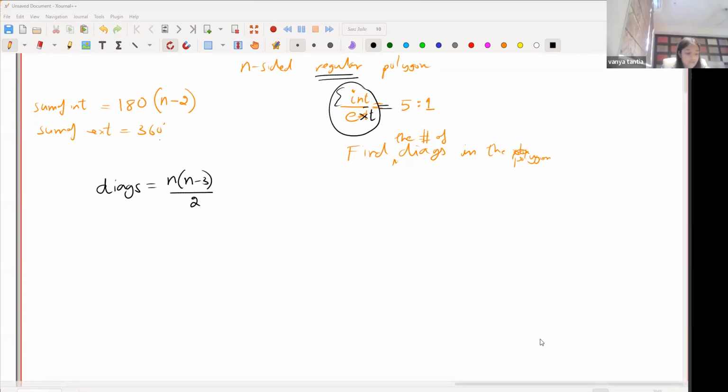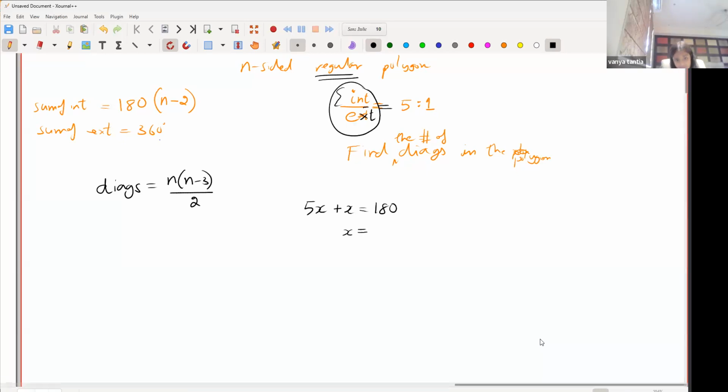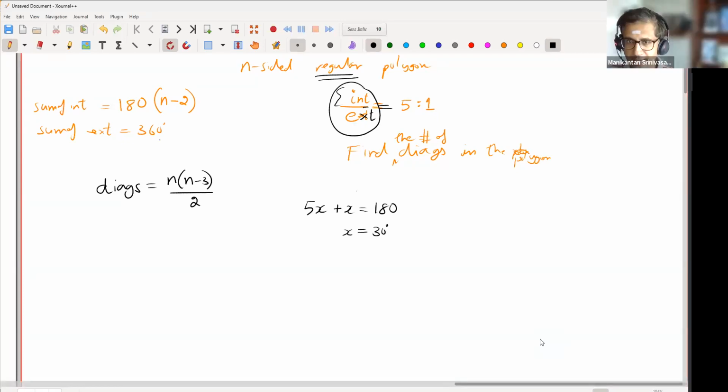So first I took interior angle as 5x and exterior angle as x. So 6x is equal to 180. Very good, because the sum of interior angle and exterior angle is 180. Yes. So then I divided it. Then x is equal to 180 by 6. Yeah, 30. So this is the exterior angle, right?